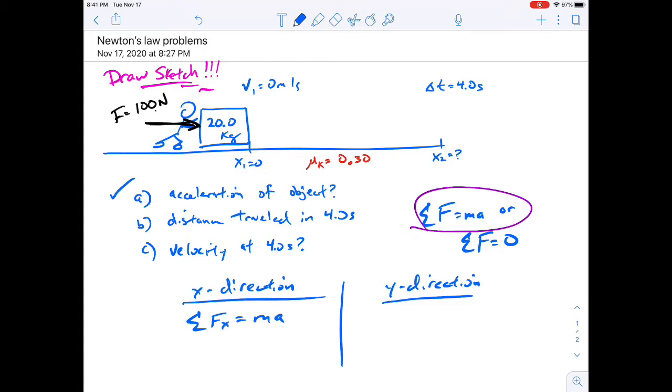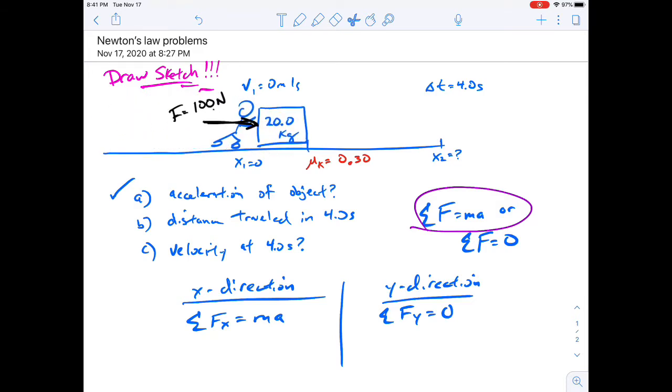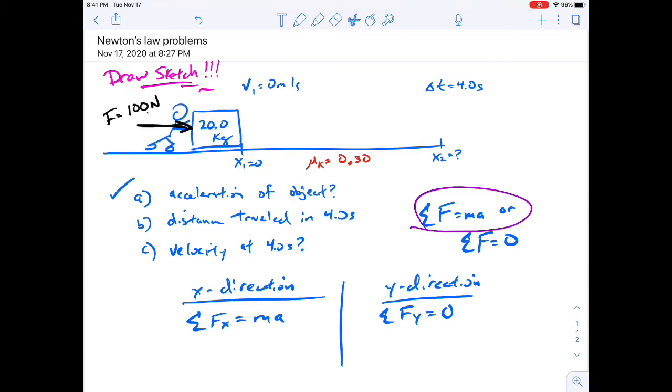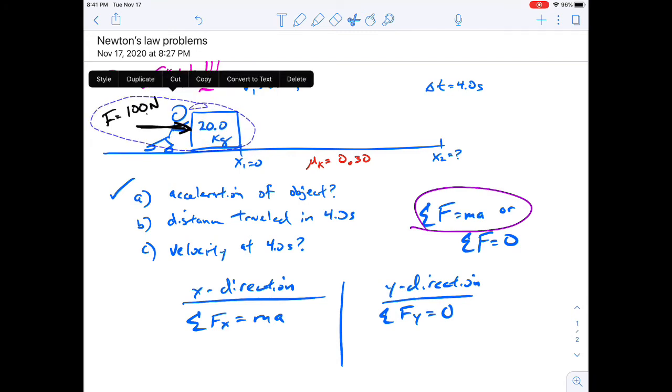It's asked about the acceleration of the object, and you're obviously pushing it sideways, so it's going to accelerate sideways. In the y direction, we can assume that it is not accelerating. If I take my picture here, when the person pushes the box, it's going to move this way, sideways.